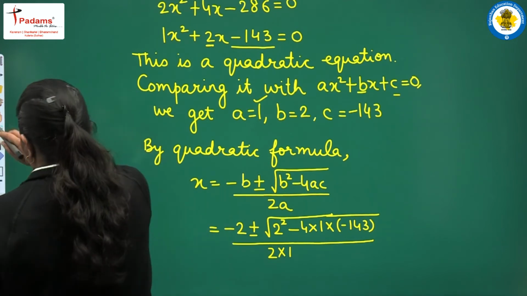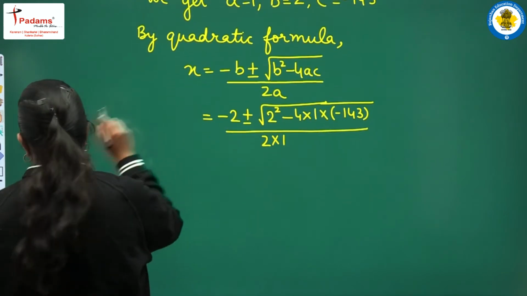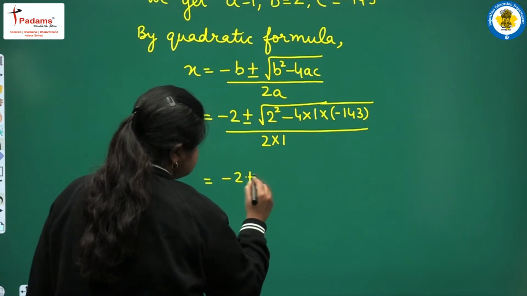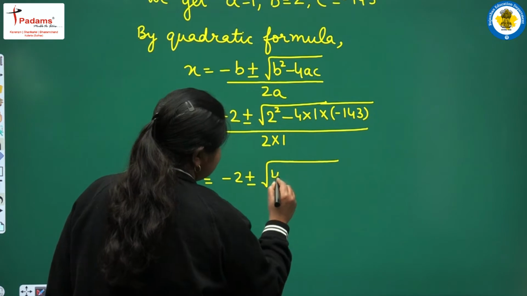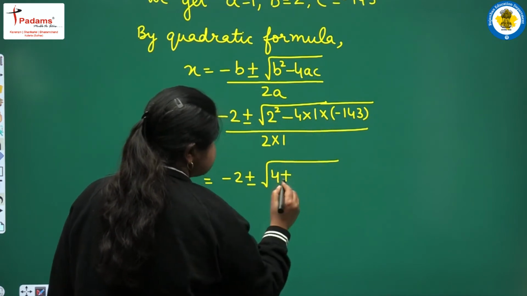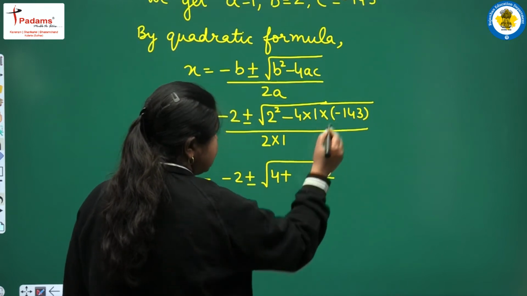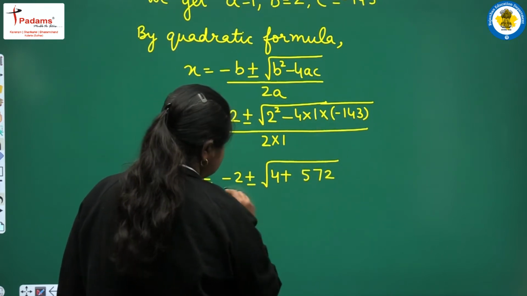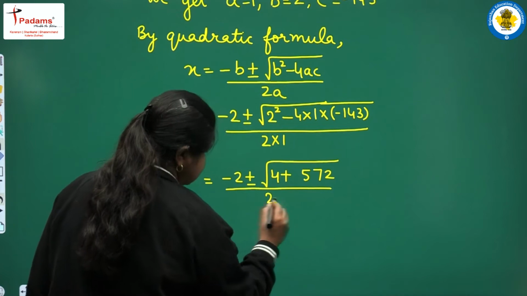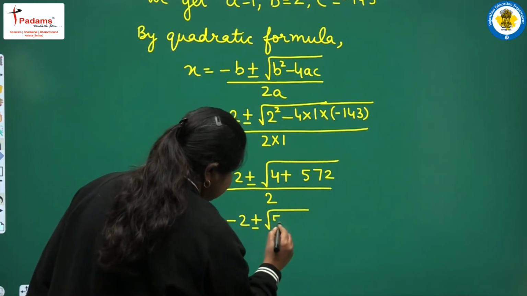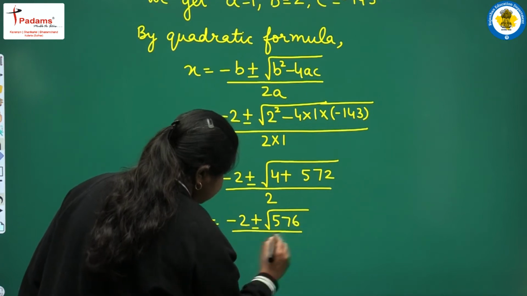Next what? Again simplify. This will be equal to minus 2 plus minus under root 2 square is 4 and minus minus will be plus. 4 3s are 12, 1 carried, 16 and 1 17, 1 carried, it will be 572, and here we have 2 1s are 2. Minus 2 plus minus under root 576 upon 2.